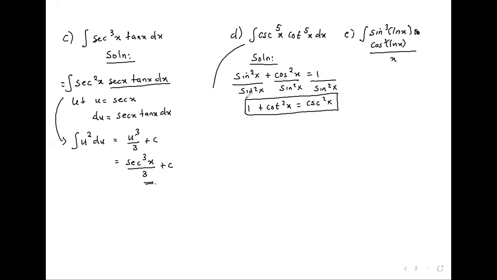So we'll write this guy as the integral of cosec squared x squared, and then one of the cosec we will release here, and then cot 5x dx, like that.